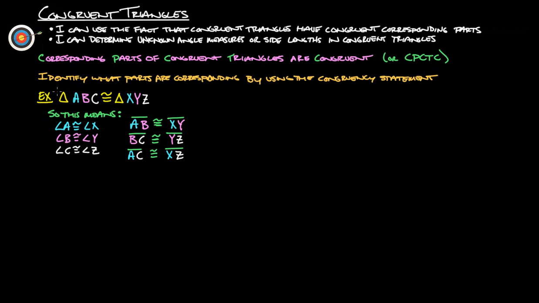First thing, identify what parts are corresponding by using the congruency statement. If we have triangle ABC is congruent to triangle XYZ, we can figure out the congruent angles and the congruent sides. We actually talked about this a little bit in the 10.2 notes as well.